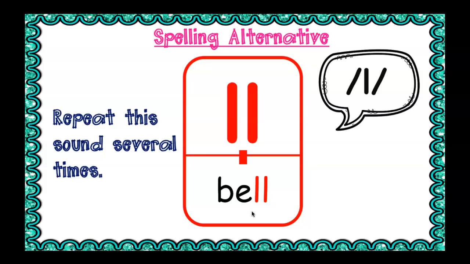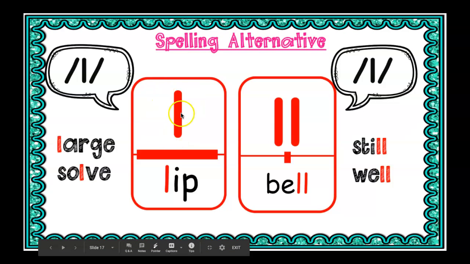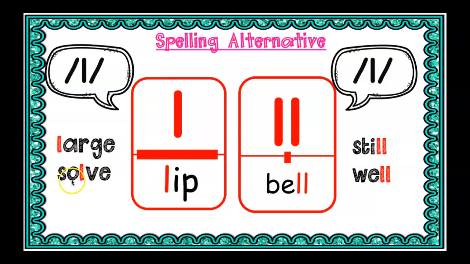So both of these spellings make the sound, like in lip, or large, or solve, spelled with one L. We've also learned these double L spellings like in bell or ill, still, or well.